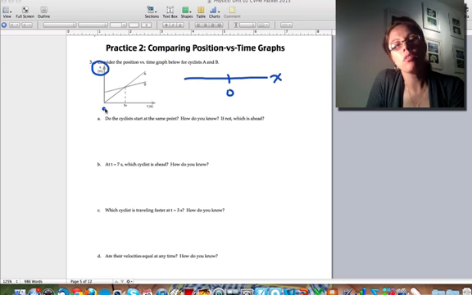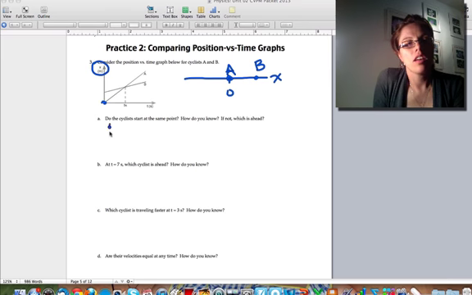Well, if they were to both start at the same point, they would be at the same point on the x-axis at time equals 0. But A starts here at x equals 0, so on the number line, A would be starting right here, and B starts ahead of A, somewhere in the positive. Okay, so do the cyclists start at the same point?